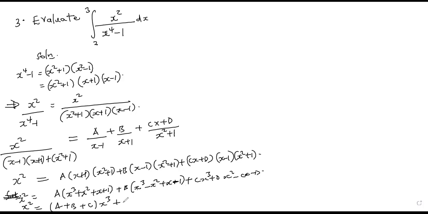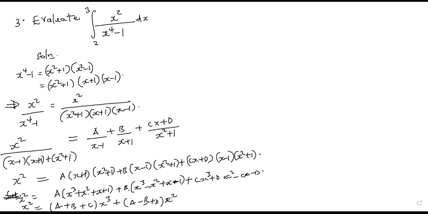Then plus the x squared terms: a minus b plus d into x squared. Here you have ax squared, here you have minus bx squared, that is why I used minus, and then plus dx squared.